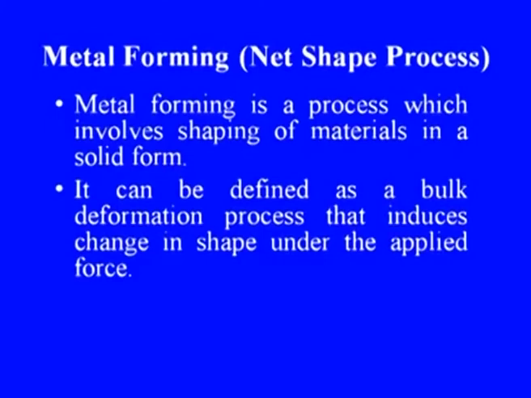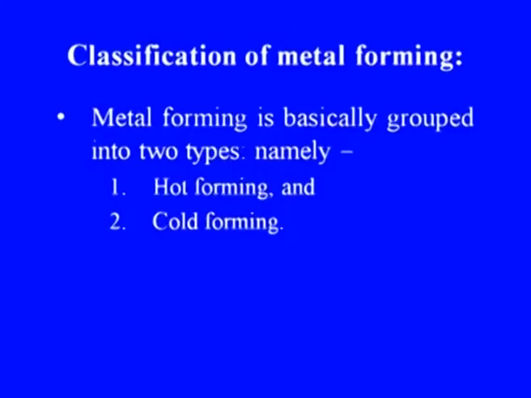It can be defined as a bulk deformation process that induces change in shape under the applied force. Classification of metal forming processes. Metal forming is basically grouped into two types, namely hot forming and cold forming.